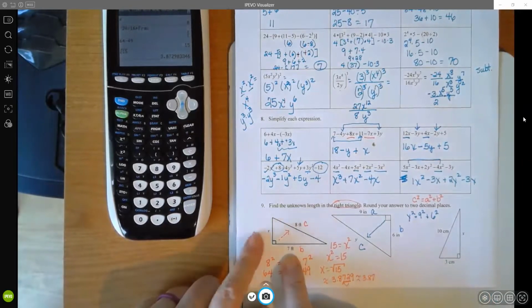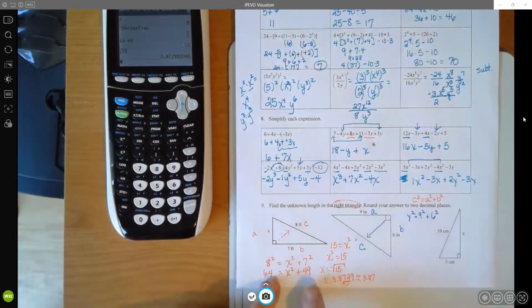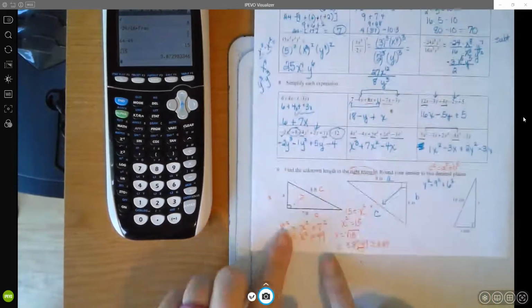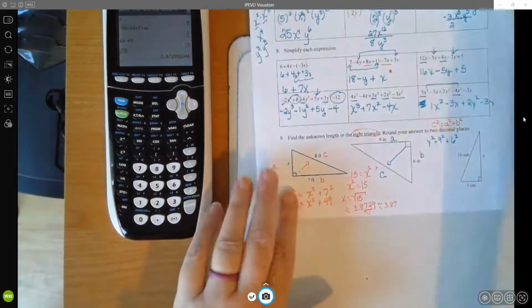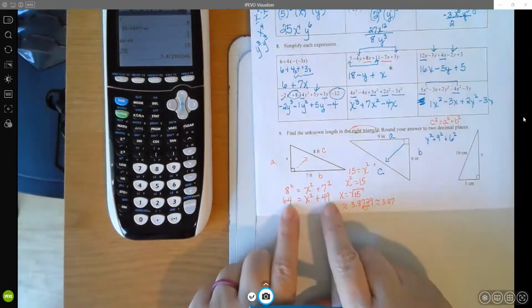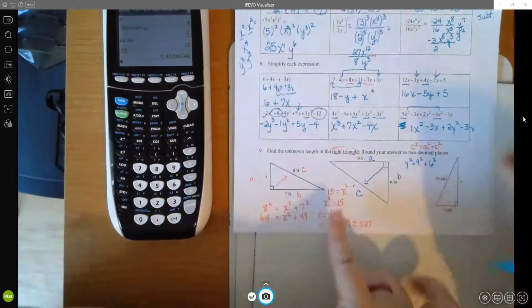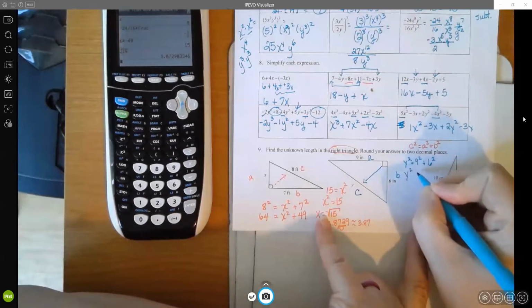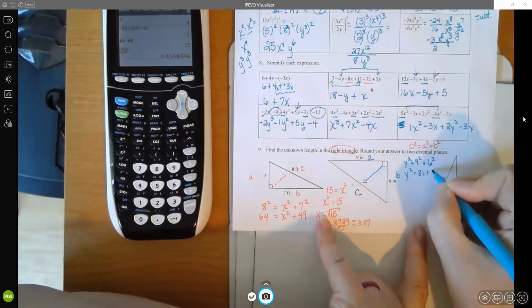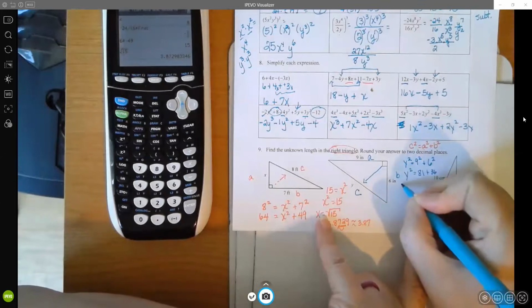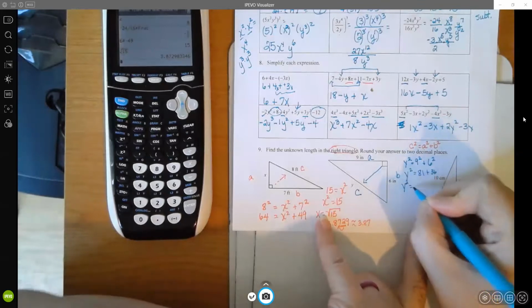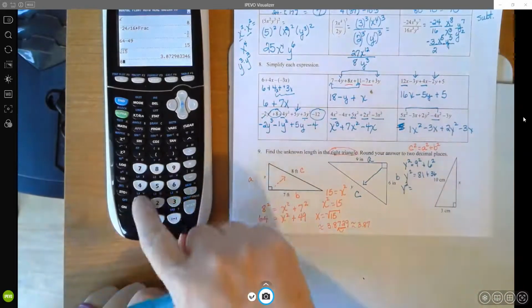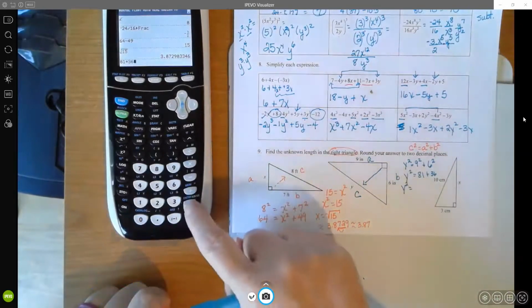So when my unknown was my leg, I ended up subtracting my 64 and 49. Over here, my unknown is my y squared. So my numbers, 9 squared is 81, 6 squared is 36. So that gives me y squared equals 81 plus 36.